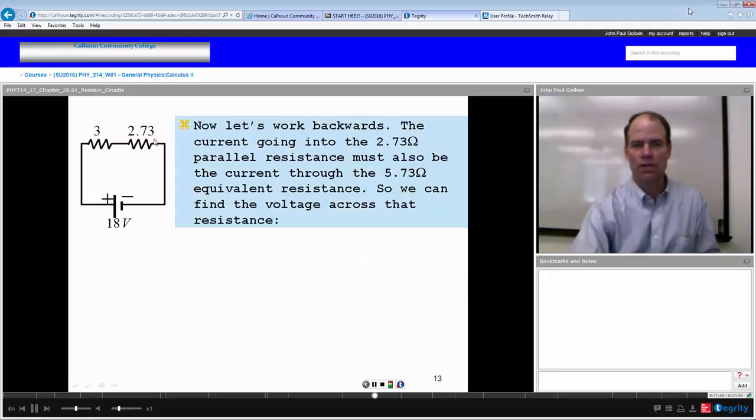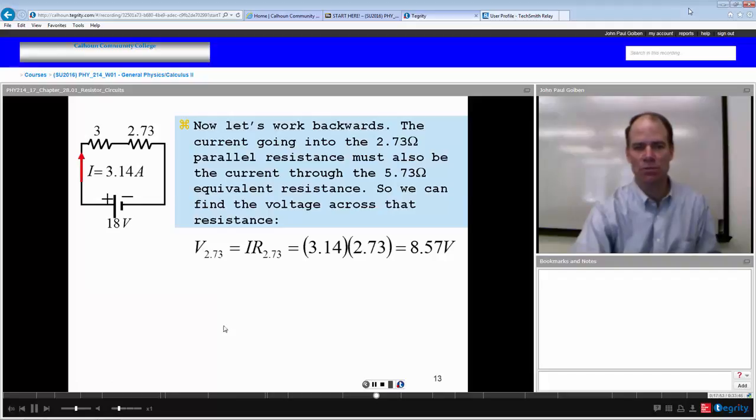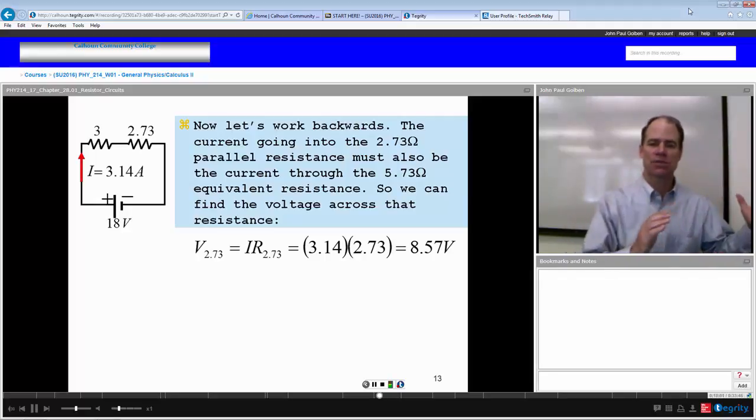The voltage across that 2.73 ohms will be, by Ohm's law, its current times its resistance. V equals IR. I'm going to have 3.14 amps times the resistance 2.73 ohms, 8.57 volts across that 2.73 ohms.